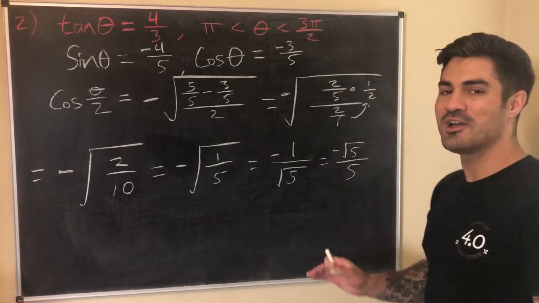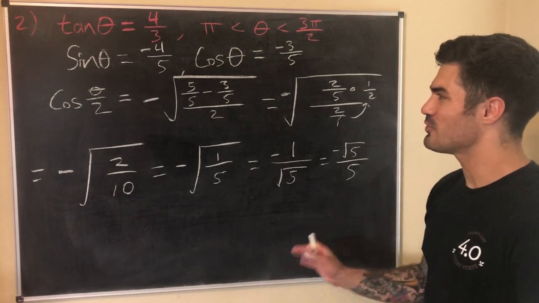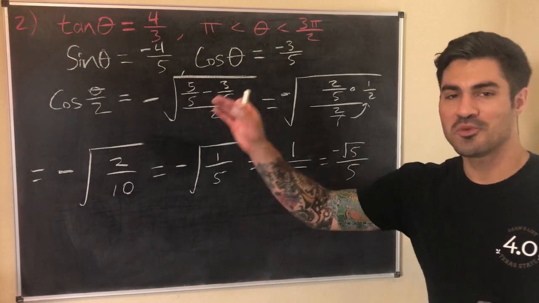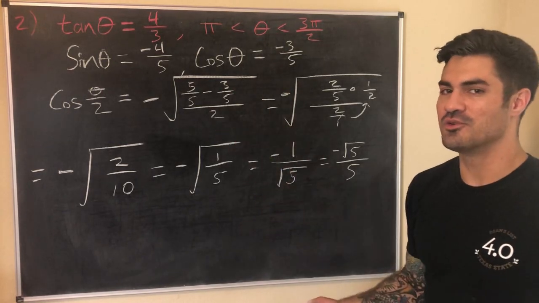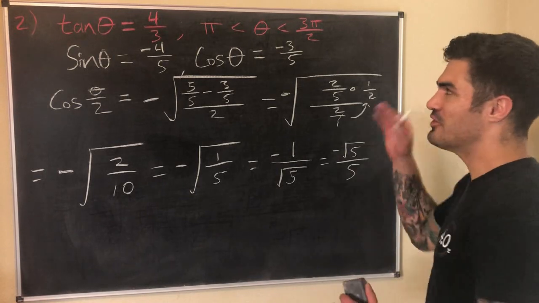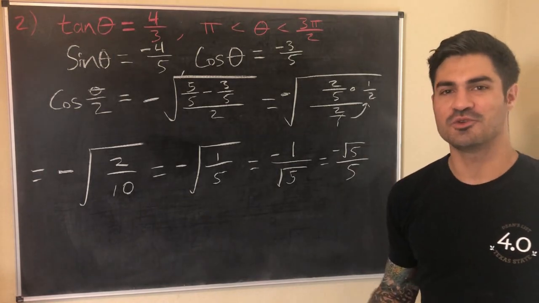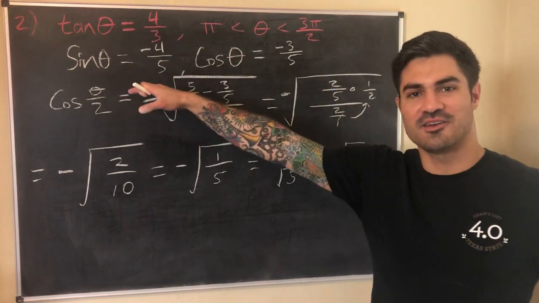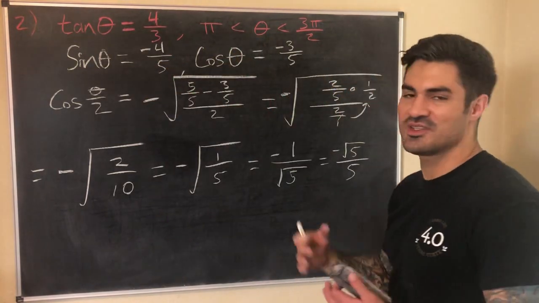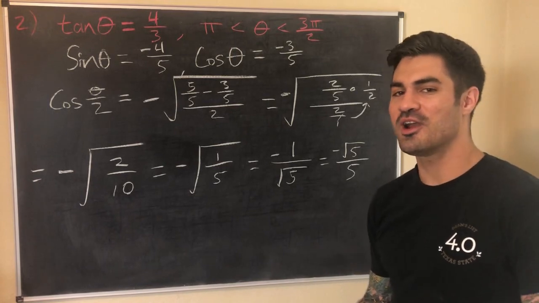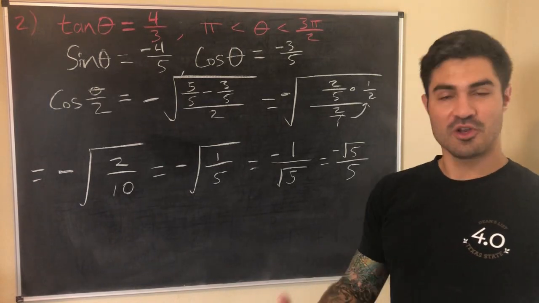And I want to actually point out something cool that I thought about as I was working this out a little bit earlier. We didn't actually have to use this formula to find the cosine of theta over 2, right? Because once we found the sine of theta over 2, and we found the quadrant of theta over 2, we could have done a similar process that we did up here to find sine theta, right? Because we knew the sine of theta over 2, we had our y and we had our r, and we knew that our x was going to be negative, so we could have done that as well.